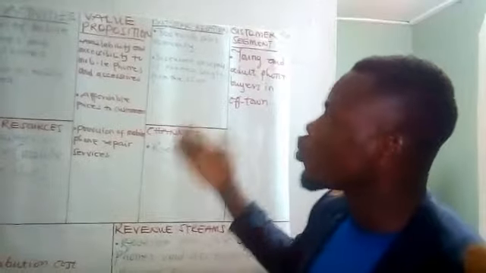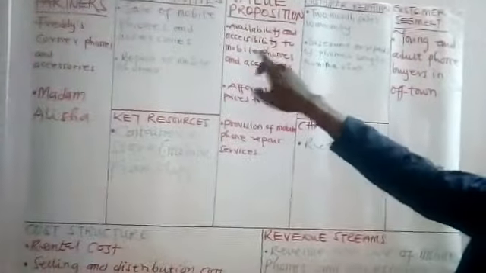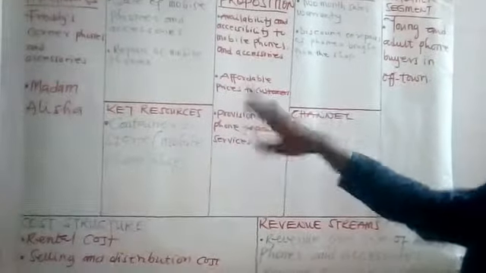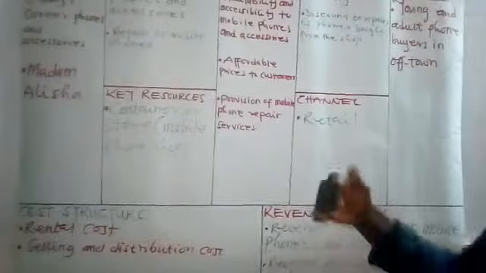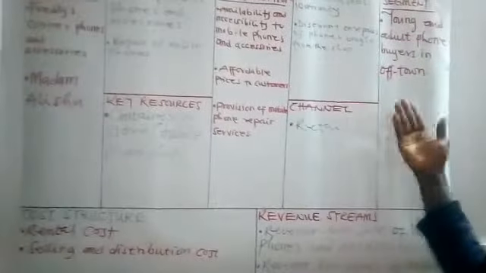So he had the idea to sell mobile phones to this community, and in doing so, he found out that the value he will be providing to these people in the community is availability and accessibility to mobile phones and accessories at affordable prices, and provision of mobile phone repair services also to them.